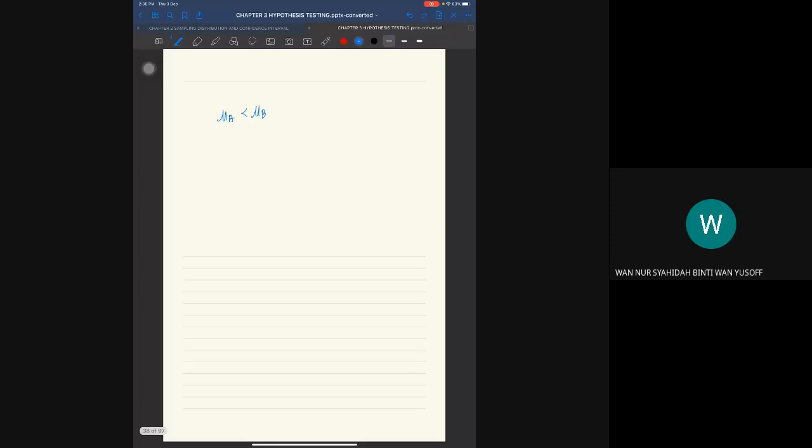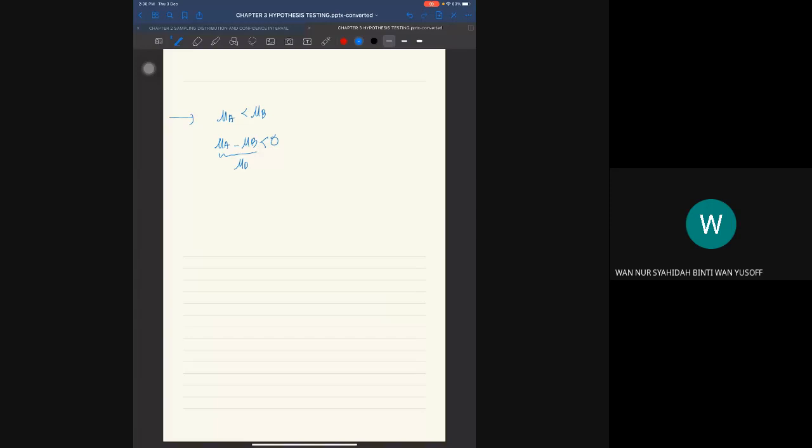So that's why we can write mu A less than mu B. We formulate as independent first and then we convert into dependent. After this we will have mu A minus mu B less than 0. So mu A minus mu B, that's your mu D. That's how we formulate the hypothesis.